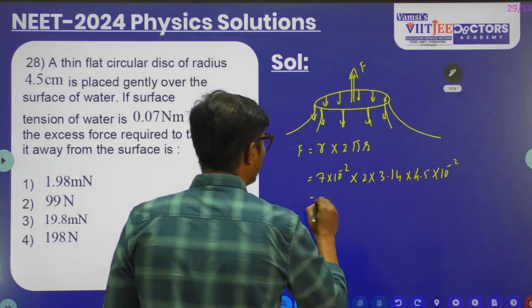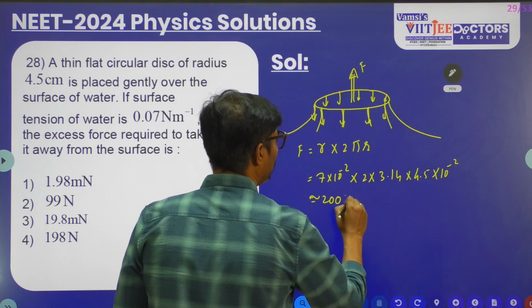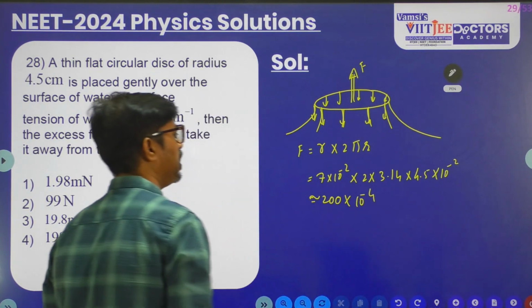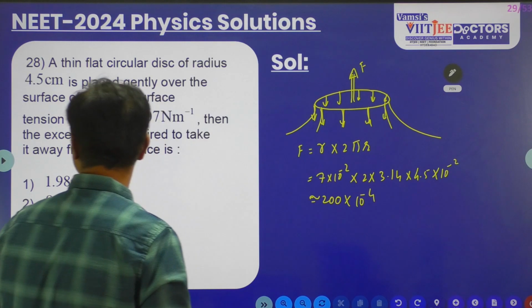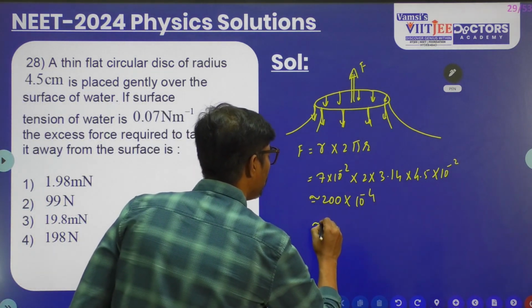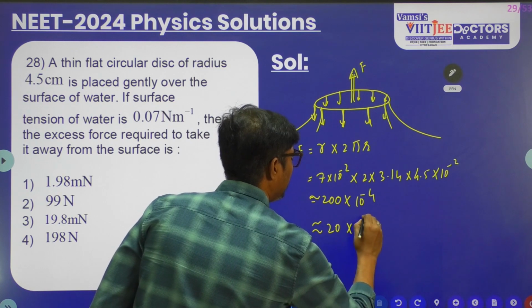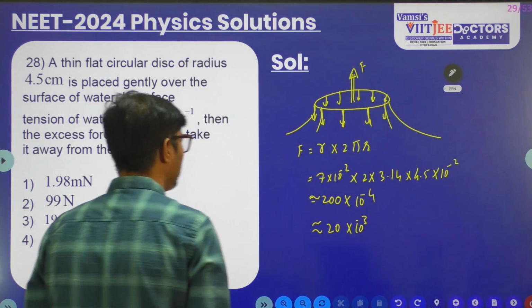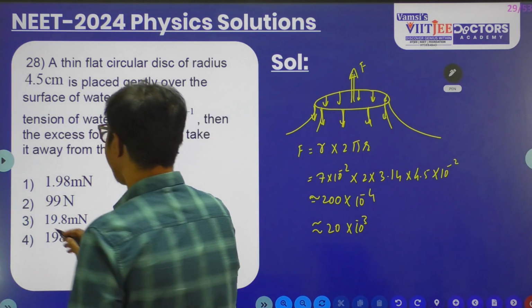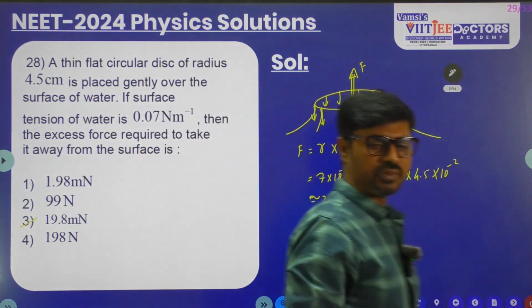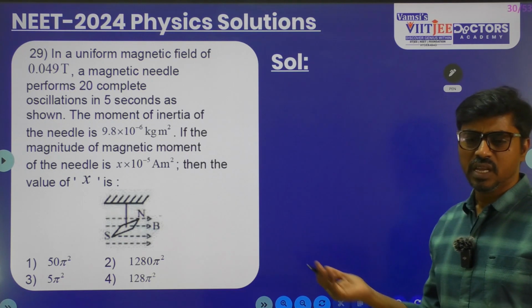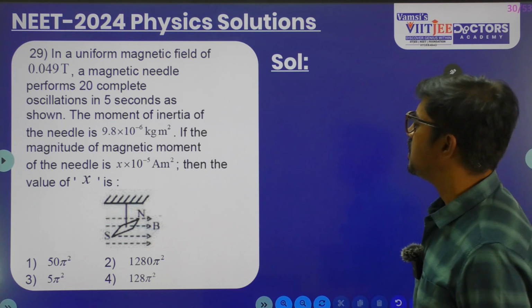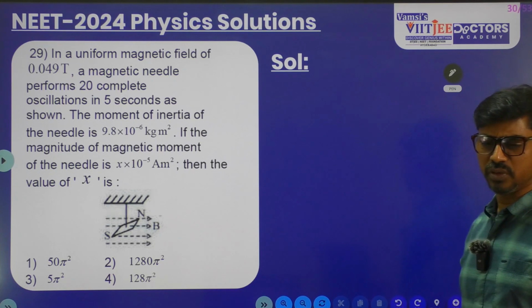So it would be approximately 200 into 10 power minus 4, which I can write as 20 into 10 power minus 3. Around 19.8 you can take. 10 power minus 3 is millinewton. You don't even have to do the calculations, but the question is good because it requires some visualization of how it is being pulled. Some students were saying it is not exactly within the syllabus, but it's simple.